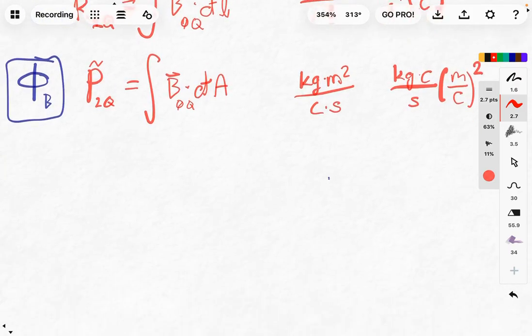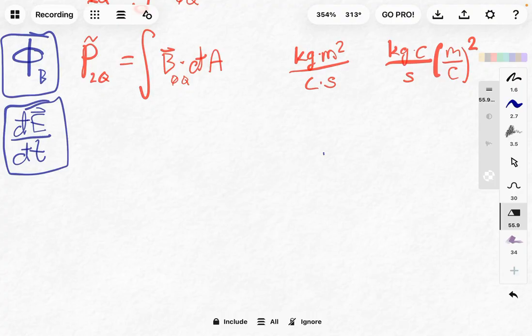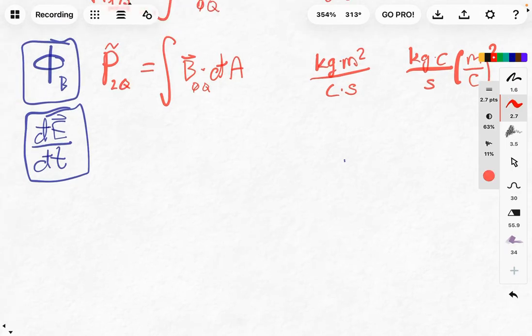So with that being said, the last thing I would like to look at is the derivative of the electric field over time. As of right now, it doesn't actually have a value, and it looks like in my current notes, it doesn't have a value either. But we'll still look at this.